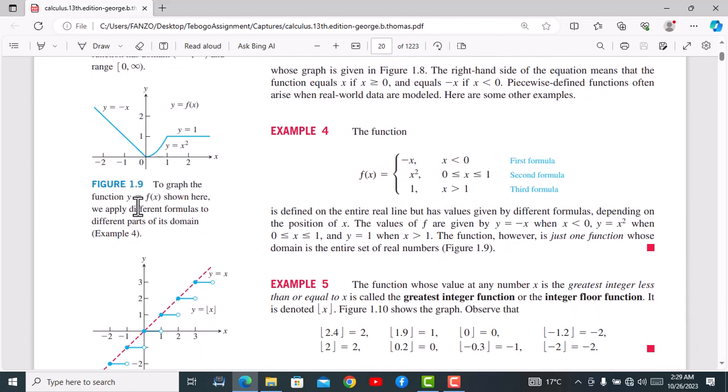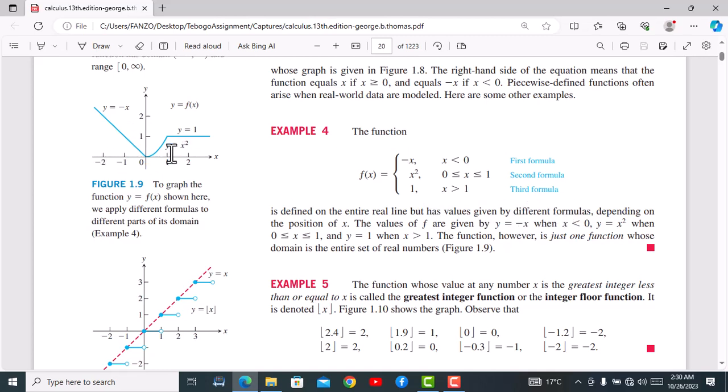Figure 1.9 is the graph of the function y equals f(x). We apply different formulas to different parts of its domain. Okay, that is fine. Here are some other examples. The function is defined on the entire real line, but has values given by different formulas.